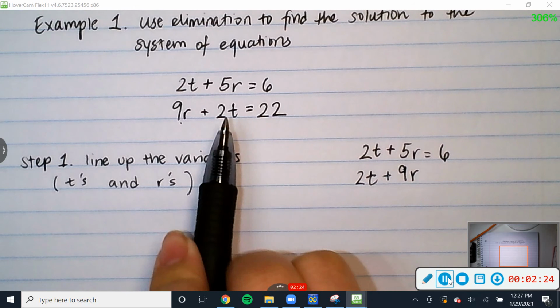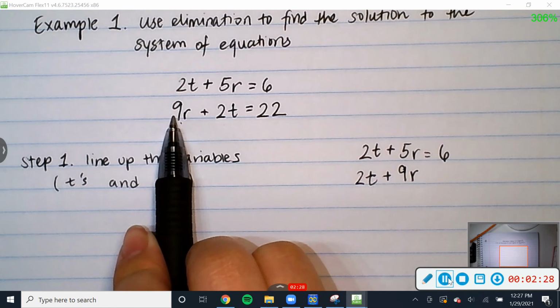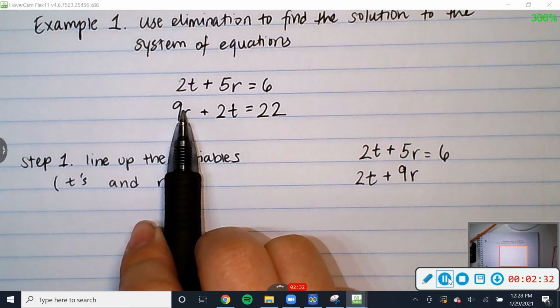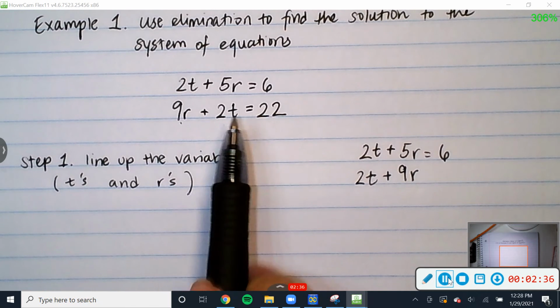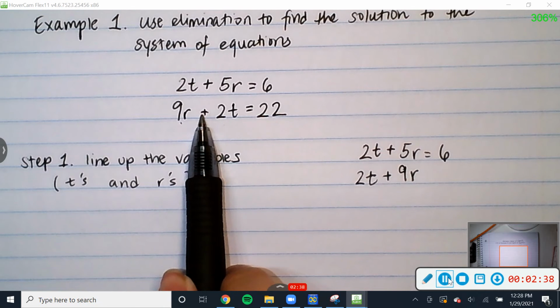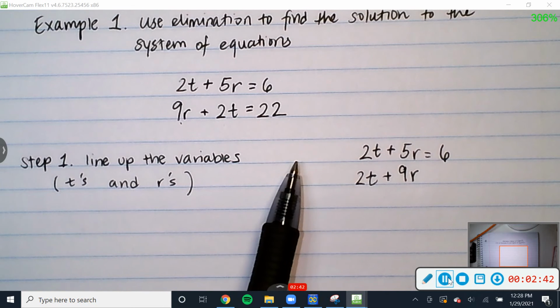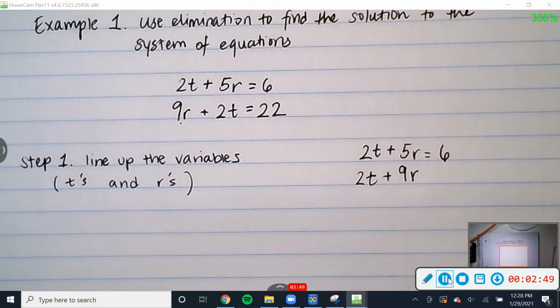When you're moving around these variables, just pay attention to whether or not these are positive or negative. In this case, the 9 is a positive 9, which is why I kept this as a plus 9, and the 2t had a plus sign in front of it as well, which is why I kept it as positive. When you're doing this step, it is very, very important to keep track of any positive or negative numbers.